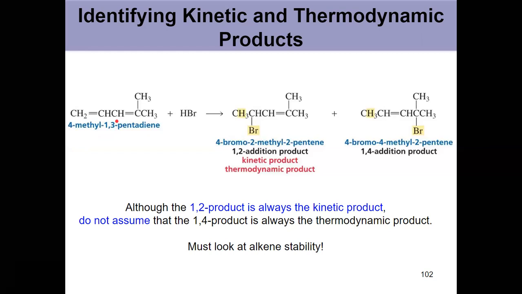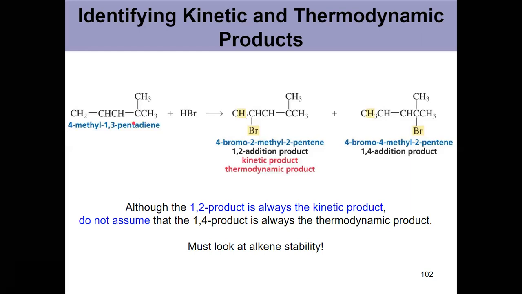We just discussed the fact that the 1,2 product is always the kinetic product, but don't assume that the 1,4 is always the thermodynamic product. Because we need to think about the structure overall of the conjugated diene, and if it's possible to make it more substituted.